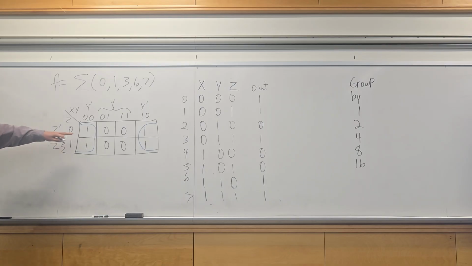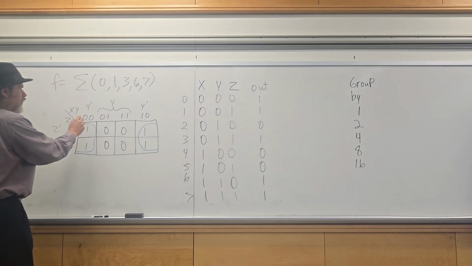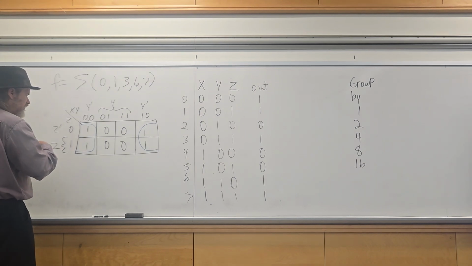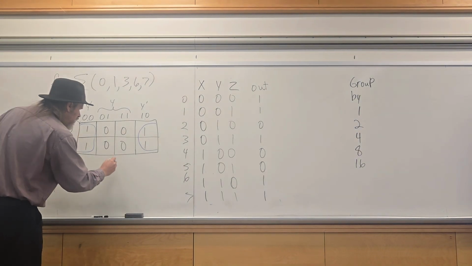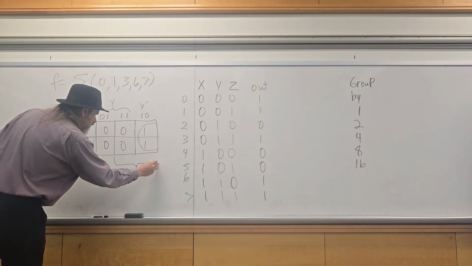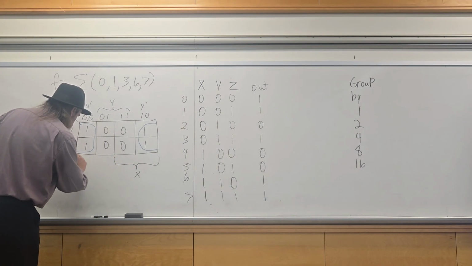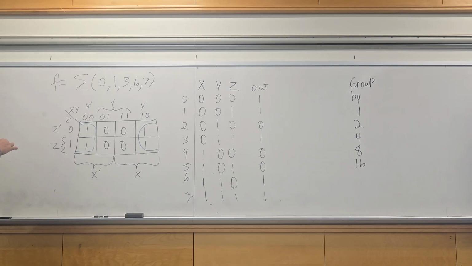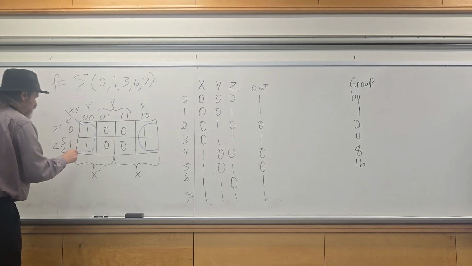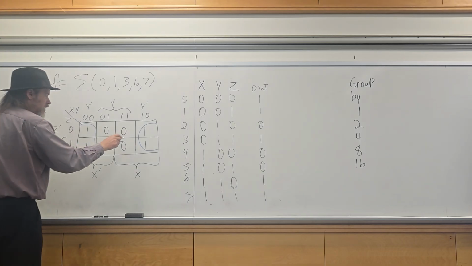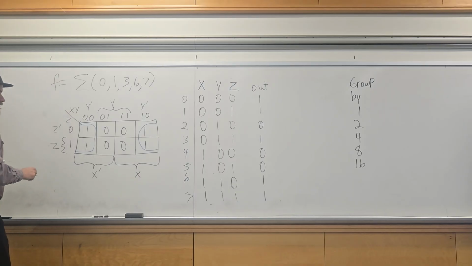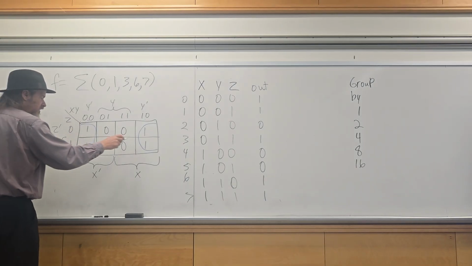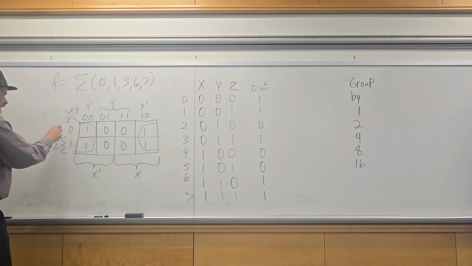So this one would be y prime. I erased the so all these are in y prime. Z doesn't matter. X doesn't matter because the ones are in both x and x prime, and they're both in both z and z prime.